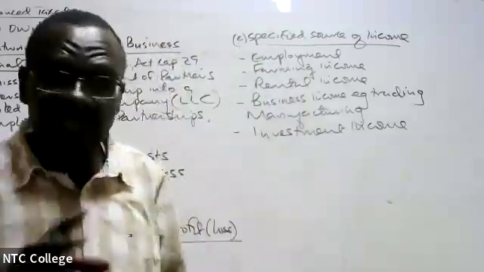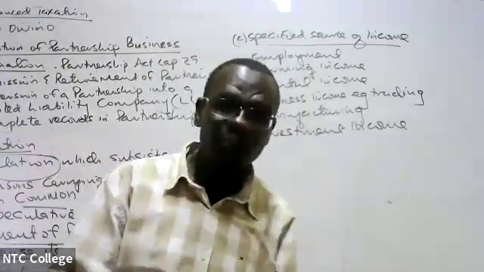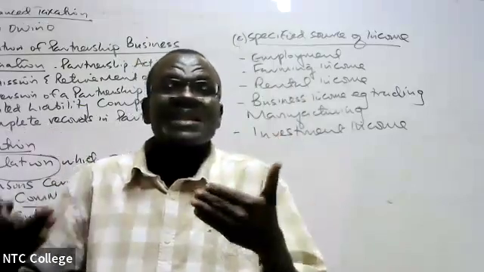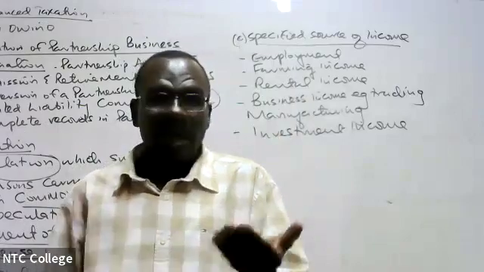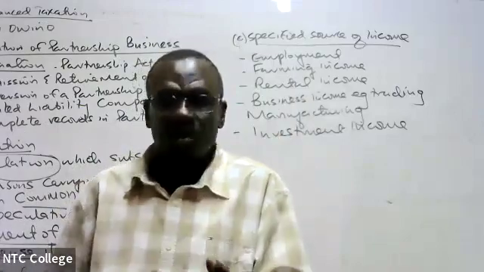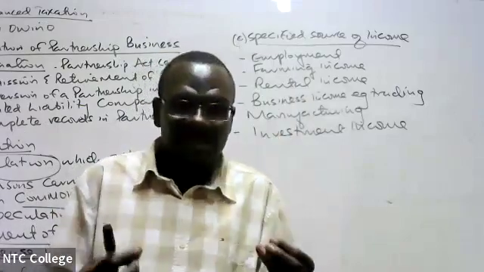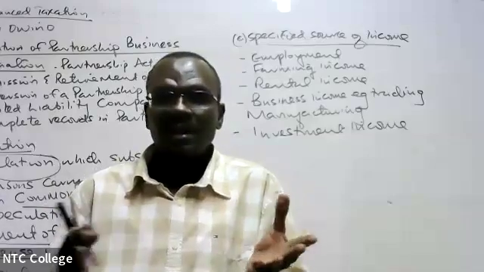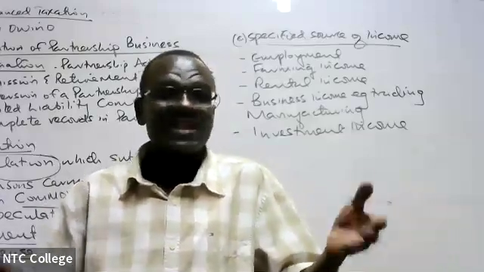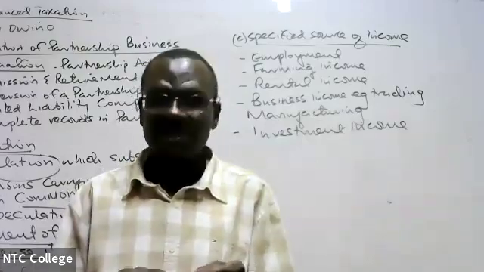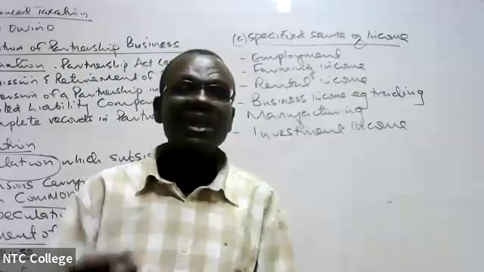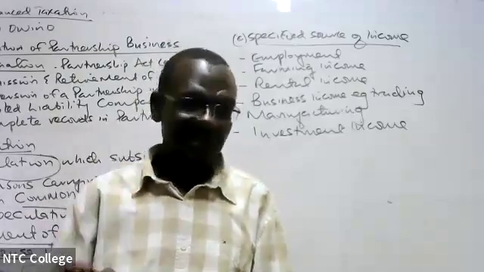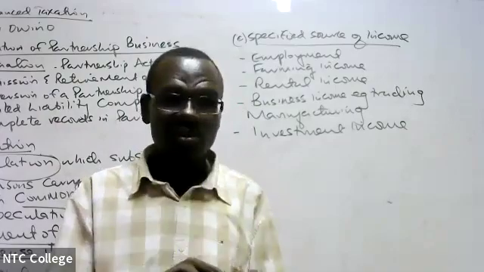Rental income, there are two types of rental income. You have residential property. I'm sure you understand residential property that is rented for purposes of, say, living. You stay there as residents. Then you have commercial property. For residential property, we'll be looking at the rules.